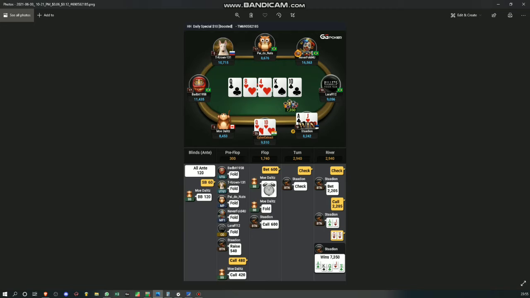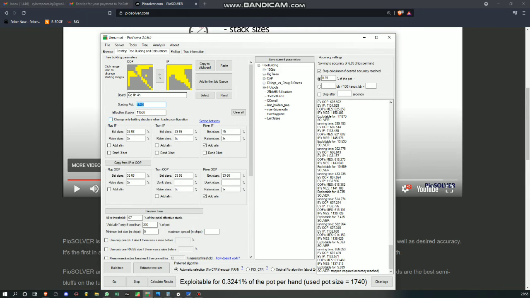So that's 120 plus 420, so it's 540. If you subtract 540 from this, that's what he had. If you do the math, it's 11,500. So that's his effective stack.